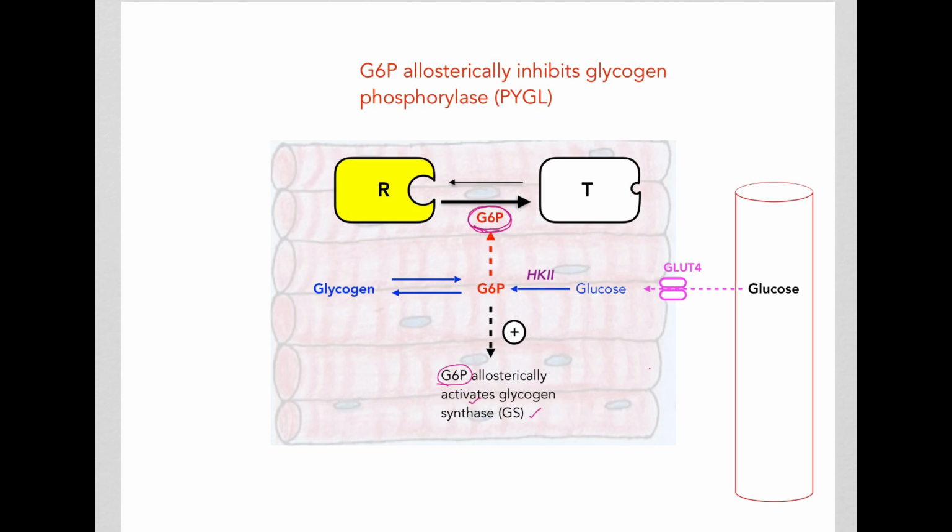So as G6P concentration increases in the muscle, glycogen synthase will be activated, but glycogen phosphorylase will be inactivated. So the R form will be converted to T form, thereby reducing glycogen breakdown, while at the same time causing glycogen synthesis to increase.